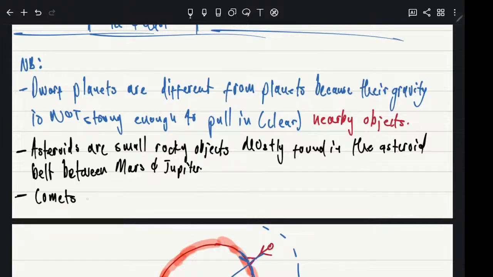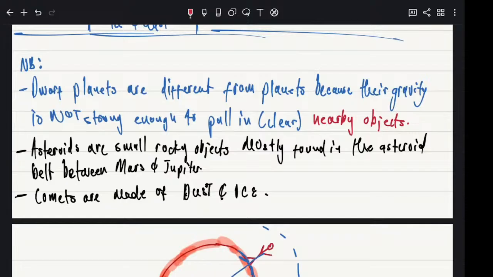Comets, we said, are made of dust and ice. Instead of rocky objects, these ones are made of dust and ice. Now what happens is, because their orbit is highly elliptical, sometimes they come very close to the sun. Their orbit is not nicely circular.